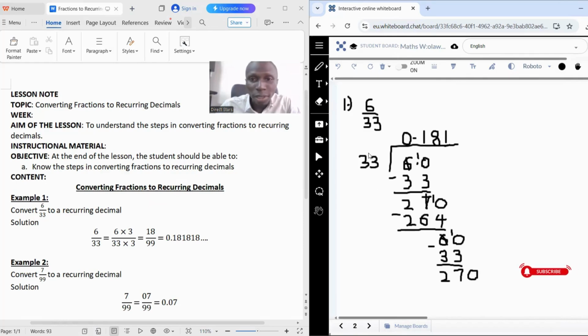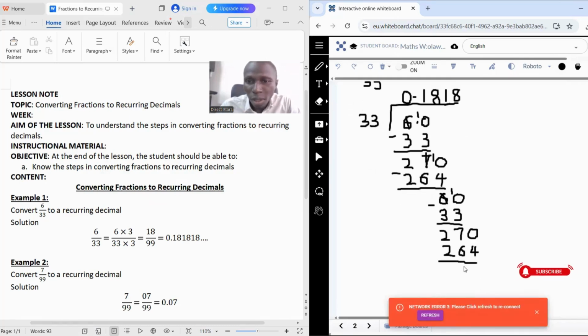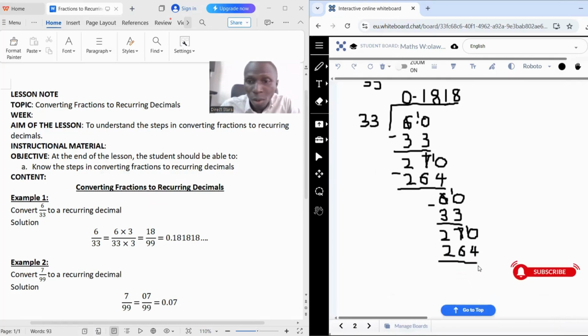Now, 270 divided by 33, we're going to have it here to be 8. And 8 times 33, we're going to have this to be 264. And if we subtract this, we're going to have this back to be 6.